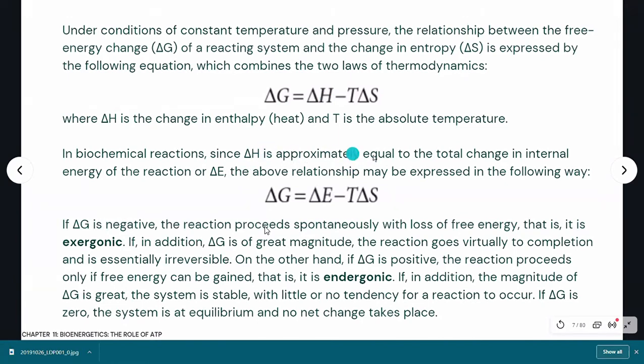Change in heat is equal to the total change in internal energy, delta E, minus absolute temperature times change in entropy.